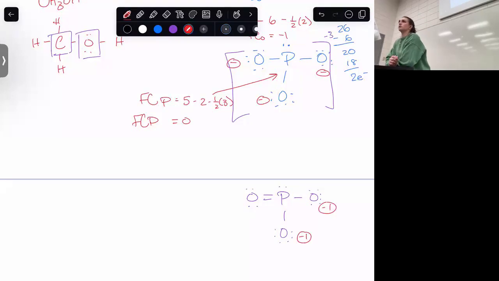But what is the formal charge of the double bonded oxygen now? It's 0, right? So we have 4 and then we have 2, so this is gonna be 0. What's the formal charge of your phosphorus?